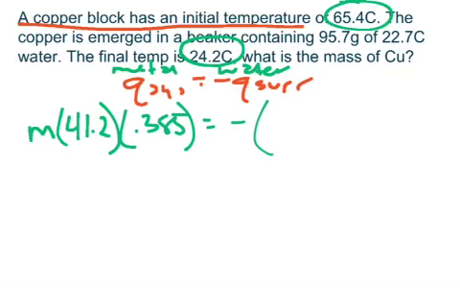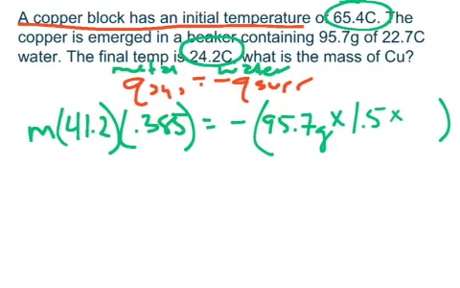On the other side, we have all of the negatives for water. So we've got 95.7 grams. We have a change in temperature that's much smaller, so 24.2 minus 22.7 is 1.5. And then water is 4.18.